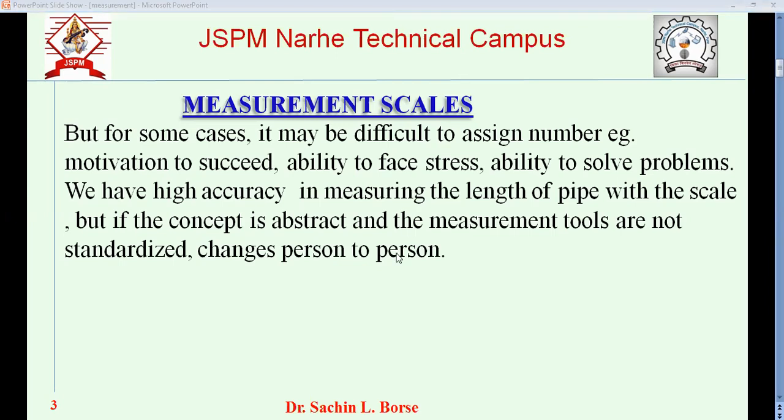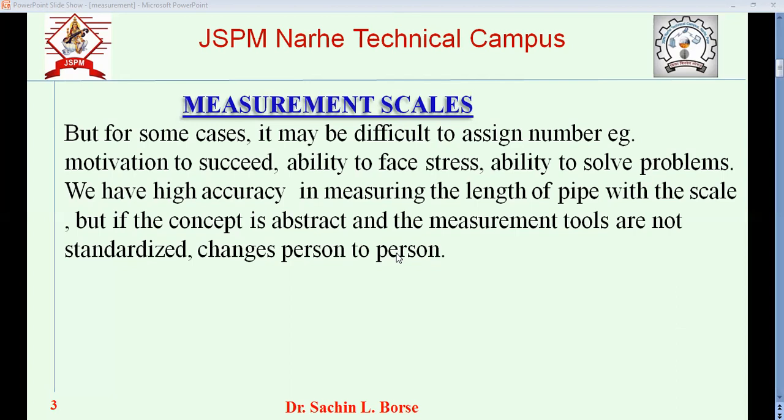But it is very easy for cases like weight or length, because a pre-decided scale is already available, which is accepted internationally, like centimeter, meter. Kg is internationally accepted. So we have high accuracy in measuring the pipe with the scale.